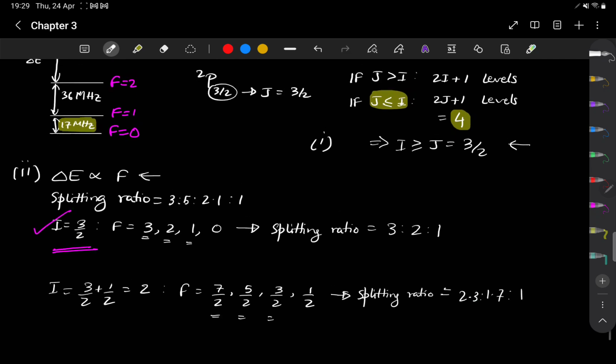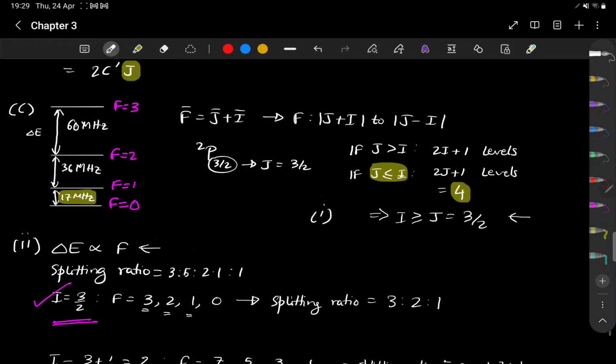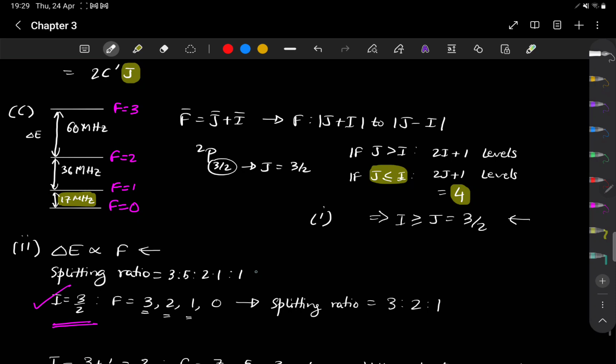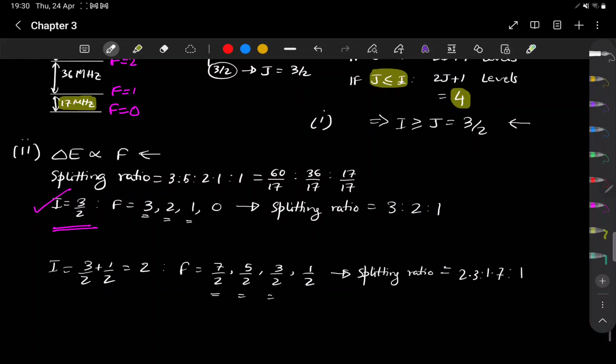So you see clearly this is very much off. If in case you forgot, this ratio was coming from 60/17.